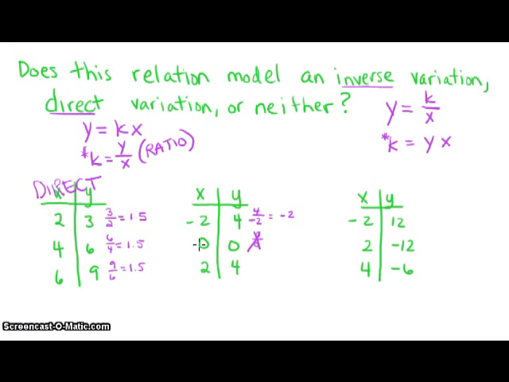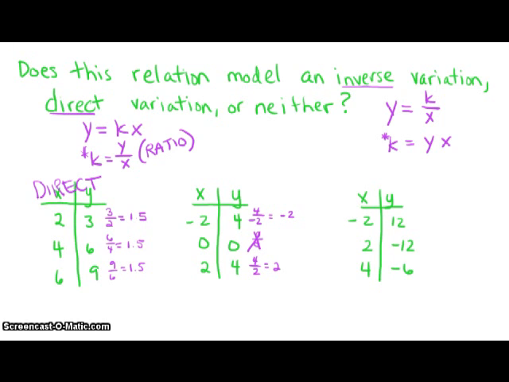But we know that the point 0, 0 is in any direct variation equation, because a direct variation passes through the origin. So we're going to skip that point and go on to the next one. We're going to take the ratio again, y over x. So 4 over 2. 4 over 2 is positive 2. Negative 2 and positive 2 are not the same number, so this is not a direct variation.